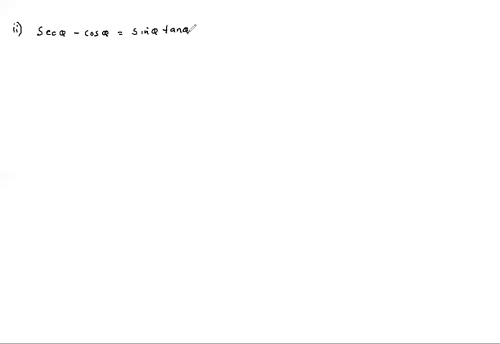So you start with the left-hand side. It's the one which looks complicated. So you say sec theta minus cos theta is equal to, sec is 1 over cos theta, minus cos theta itself over 1.